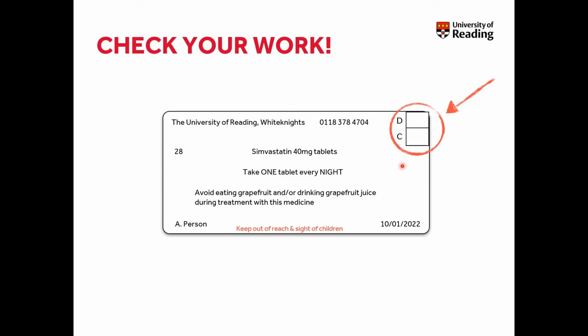But we do want you to get into the habit of adding your initials, normally in the top right hand corner. Make sure you've initialed it twice to show that you've dispensed and then checked that particular item. It also gives us an audit trail, so if an error happens, you can go back to find out who prepared the product and who checked it.